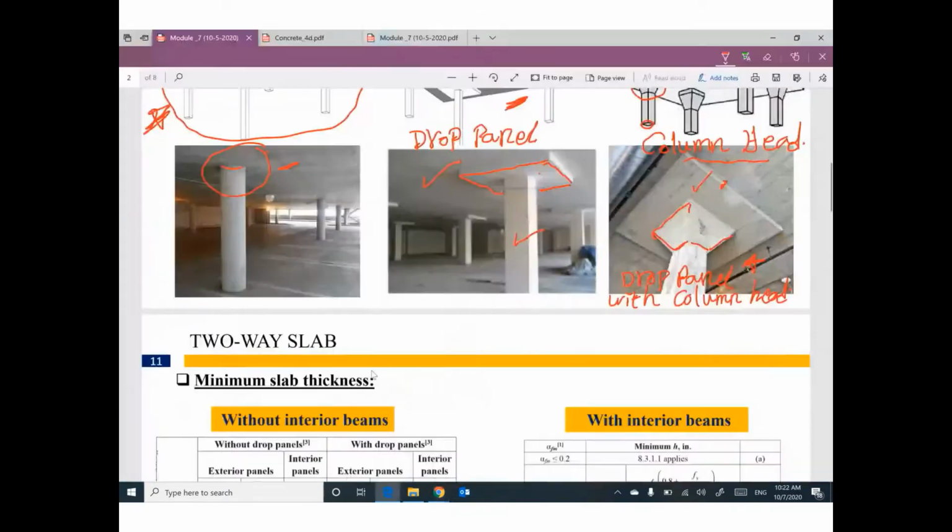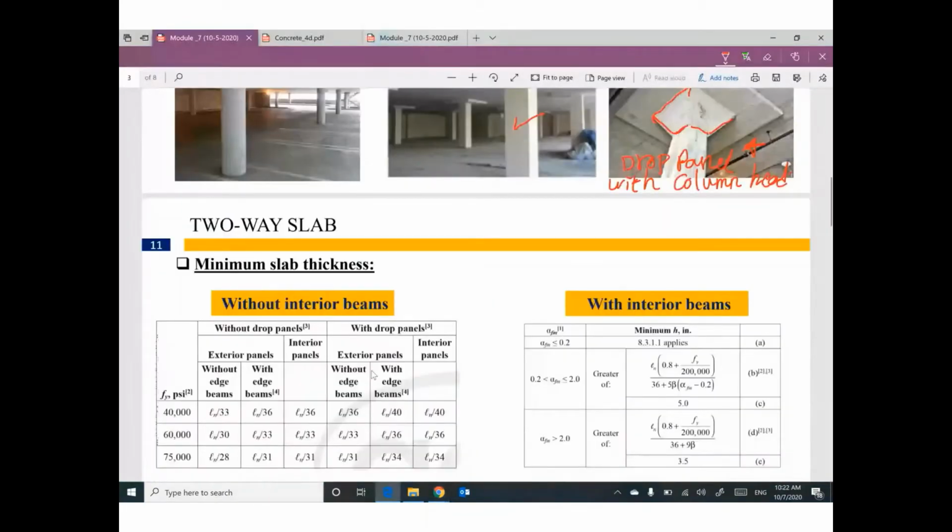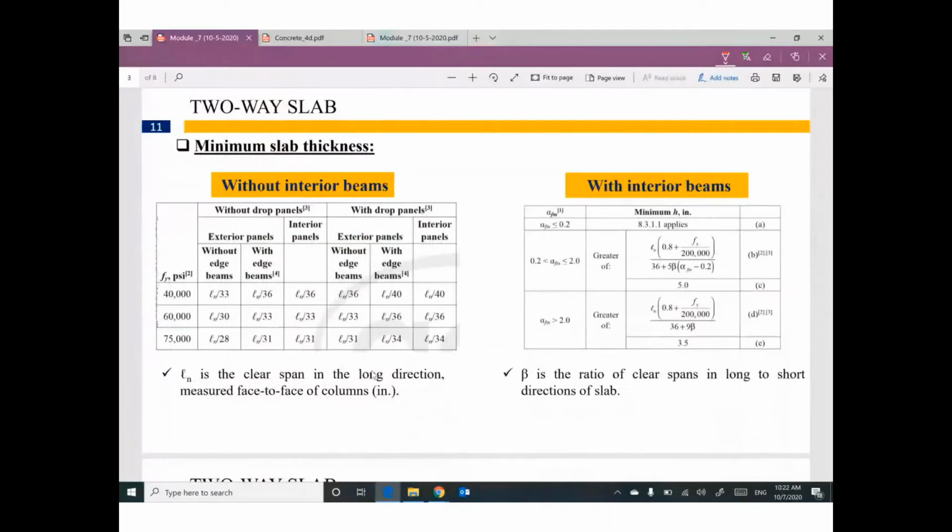Okay. We need to figure out the thickness of the slab. What is the thickness? So we have two situations. First one, if you don't have beams, no beams.